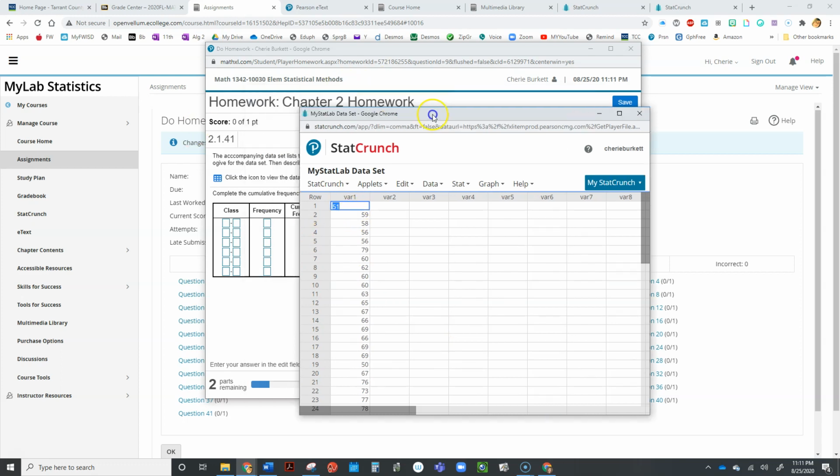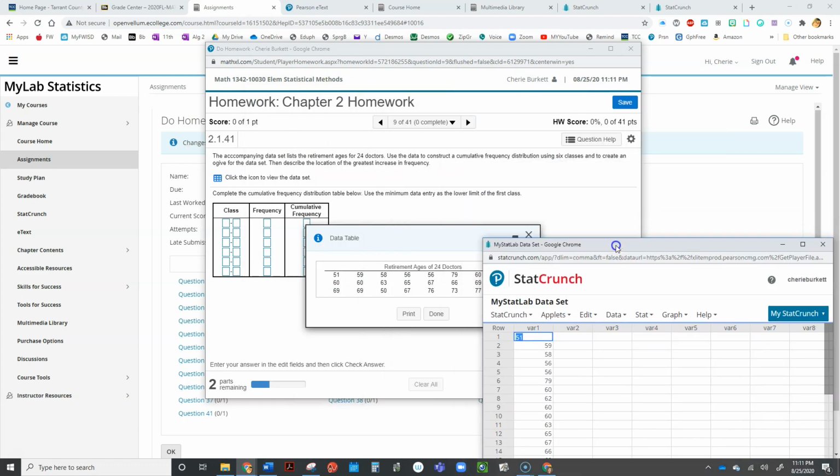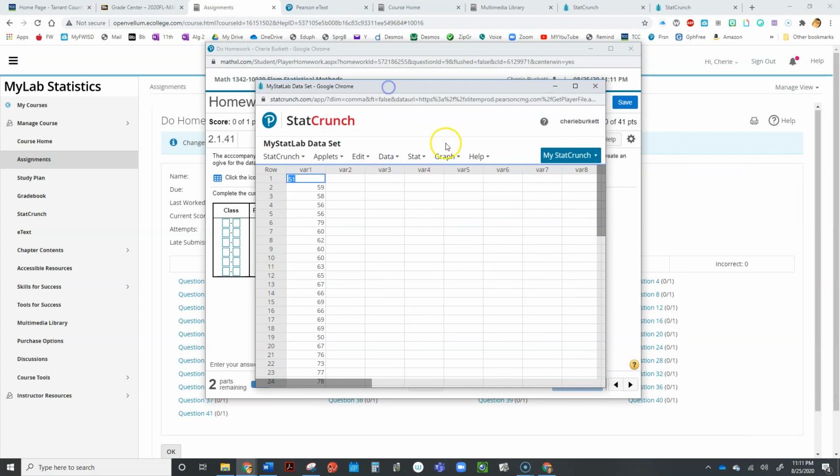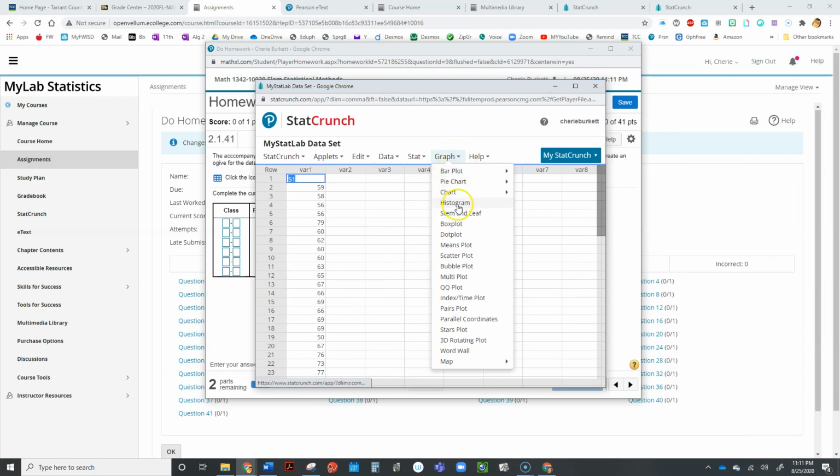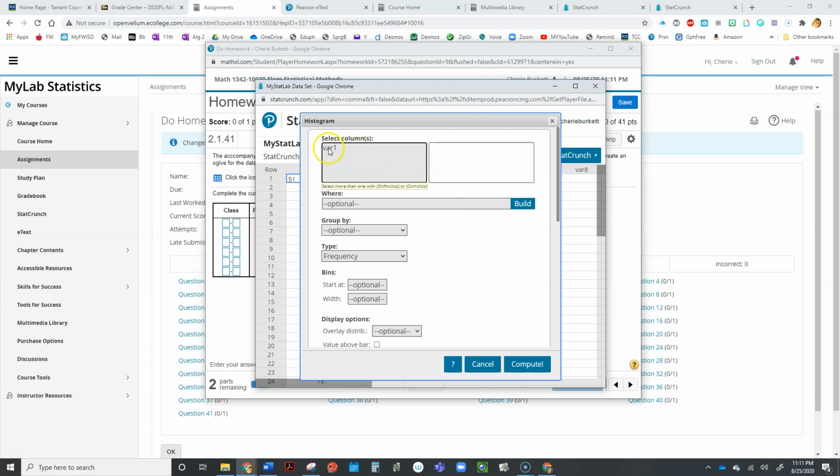And let's just pretend for a second that problem number 9 was a question about a histogram. Then you could go over here and do the histogram and say, I want to use the ones in that variable. I want to do, let's say, relative frequency this time, and we want it to start at 0, and we want it to be, I don't know, let's just say 5.